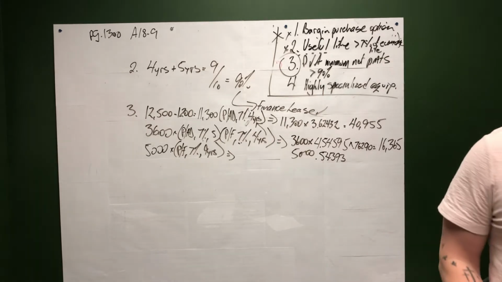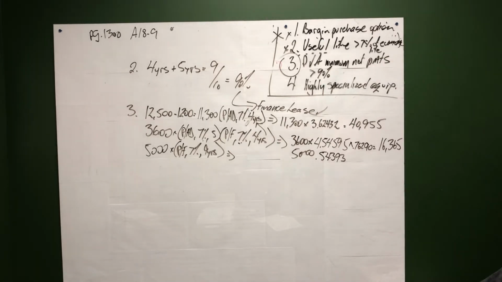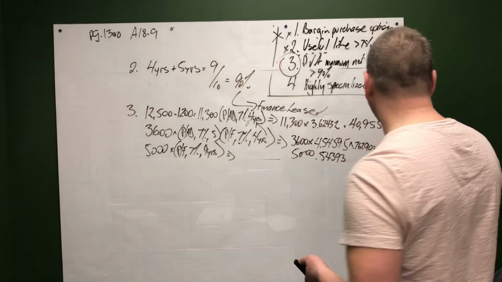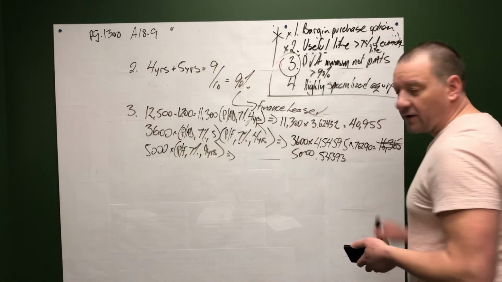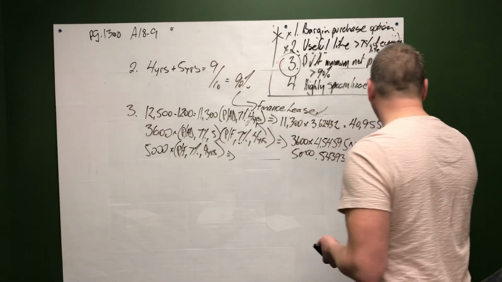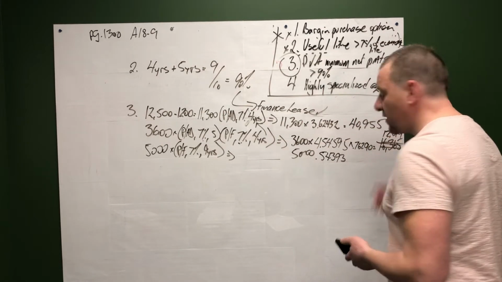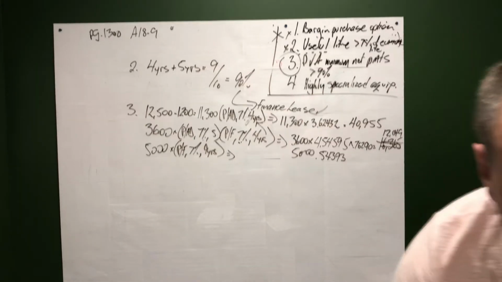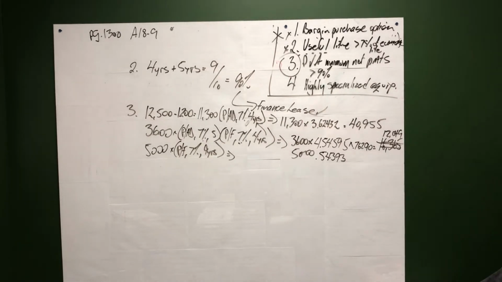Now, I got a wrong number here. The textbook says 12,049. Why is that? I must have used the wrong number.